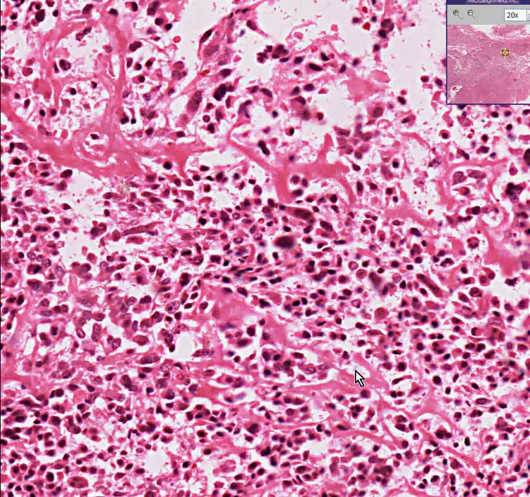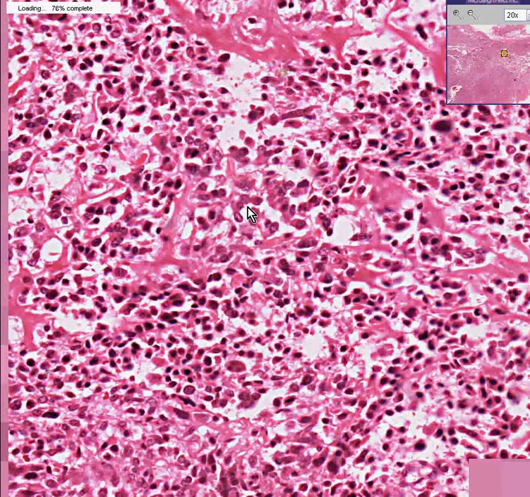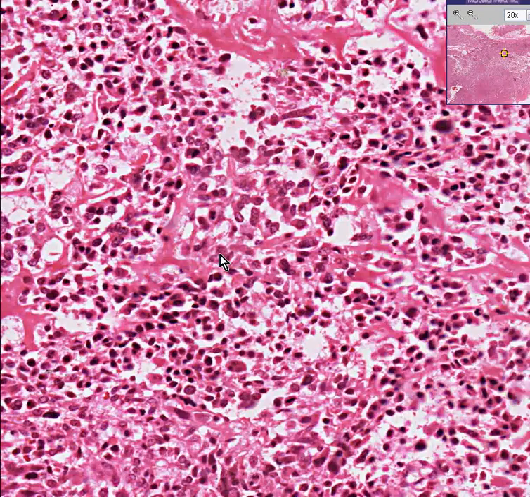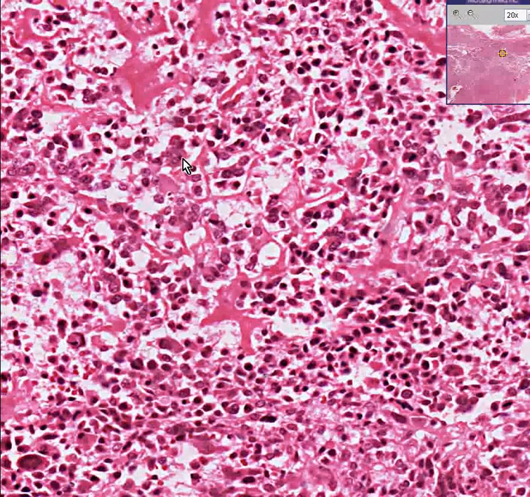The vast majority of the cells around this primitive bone in osteoid are tumor cells. Occasionally, you may see inflammatory cells, of course, blood vessels, but the majority, 90% of the cells in this field, are tumor cells. And all of these irregular reddish stellate lesions is what the tumor is trying to produce, bone.